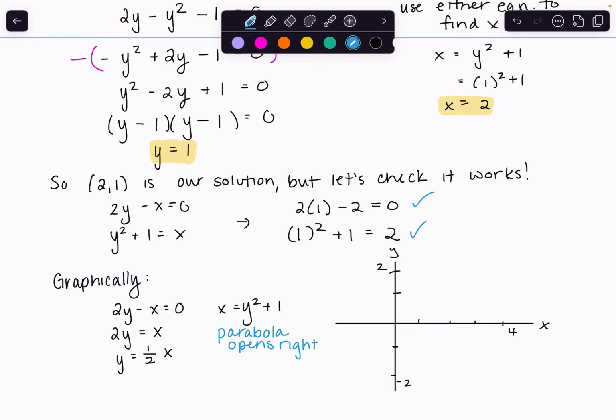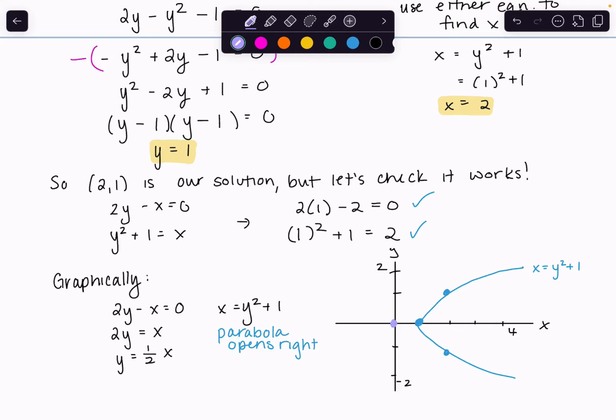So starting with that parabola, again, if I plug in y equals 0, then my x will equal 1. If I plug in y equals 1, my x will be 2. If I plug in negative 1, it's negative 2. And it's a parabola that opens sideways. Then my other equation is a line that goes through 0, 0.